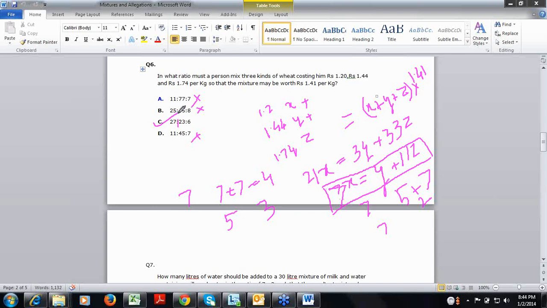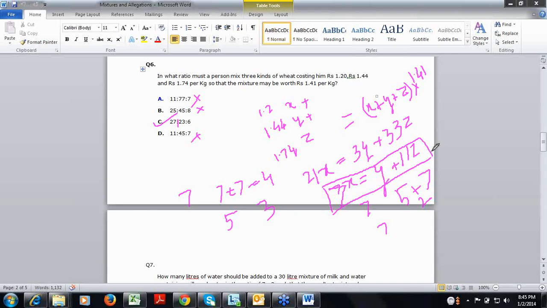Option B, it's 25, 45 and 8. So again 25, so unit digit of LHS is 5, unit digit of RHS is 5 plus 8, that is 3. So can we have 5 equal to 3? No, we cannot have that option. Similarly, option D, 11, 45 and 7. So unit digit of LHS will be 7, RHS will be 5 plus 7, that is 2.